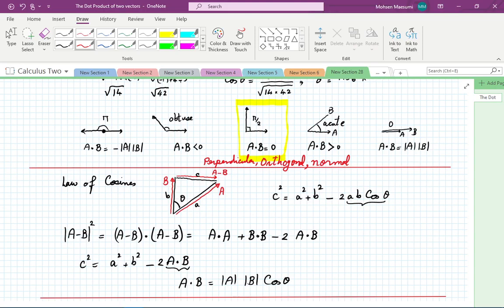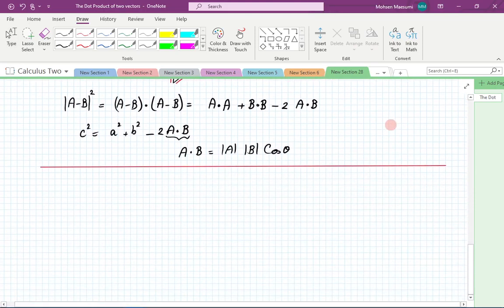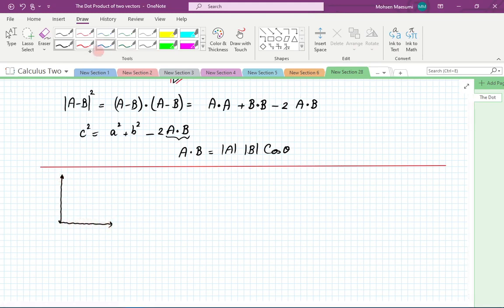Okay, next up is how this relates to our setup in our coordinate system. So let's go back to our coordinate system. Let's start with a two-dimensional coordinate system. So I have my x and y, and you remember that these two were equipped with unit vectors.